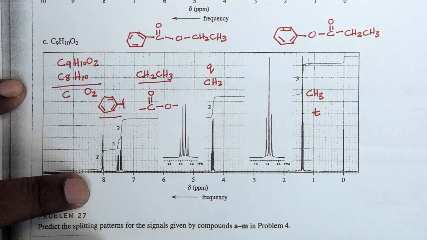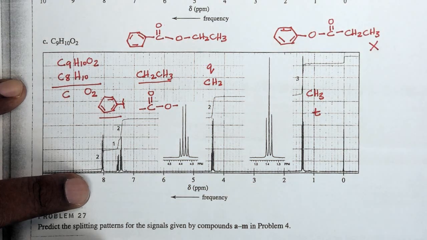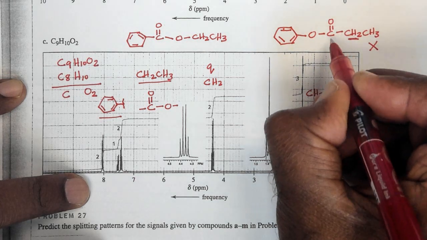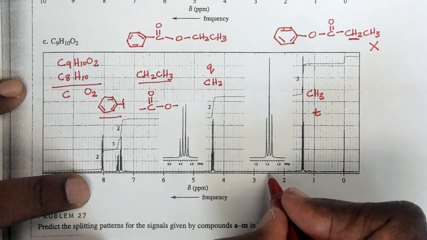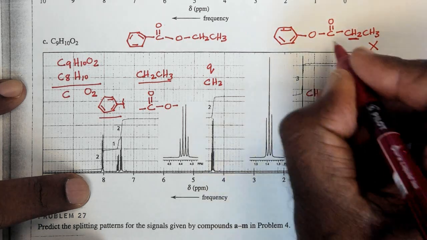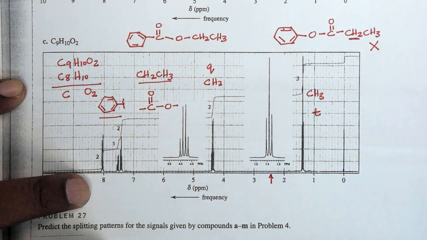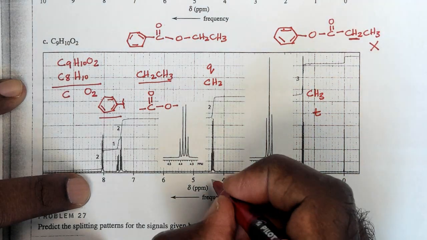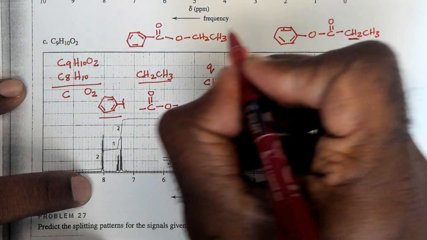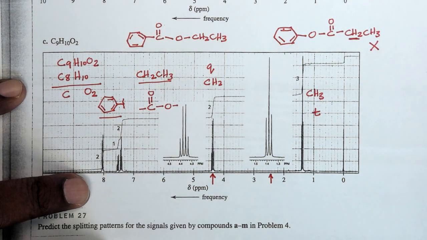That would make good chemical sense, but this is wrong for the reason that this CH2 group, if it were joined to the carbonyl group, would be in this region. So the quartet would be here if I had this type of molecule. I'd expect a quartet to be somewhere around here. But the fact that the quartet is much more de-shielded indicates that the CH2 is joined directly to the oxygen atom.